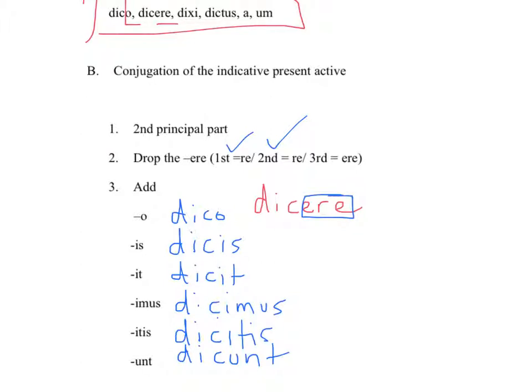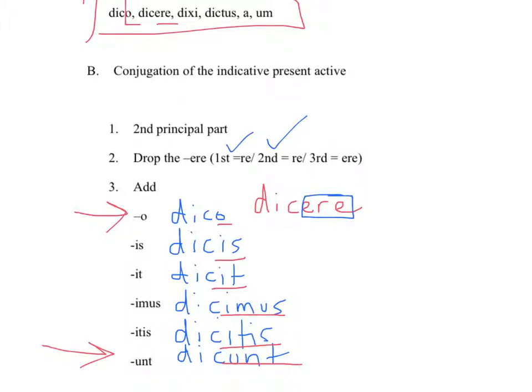You've got to memorize this paradigm for the third conjugation. It's O, which is the same as the first and second conjugation, then I-S, I-T, I-M-U-S, I-T-I-S, and not I, but U-N-T. There is no I for the first person singular and no I for the third person plural. Those are slight irregularities that vary from the pattern you may come to expect.